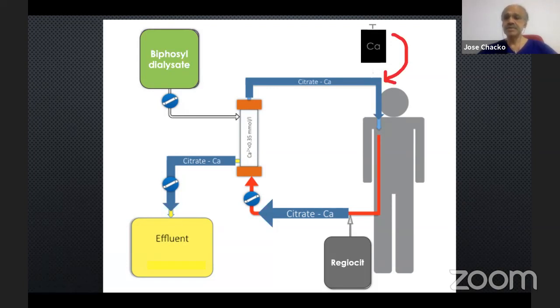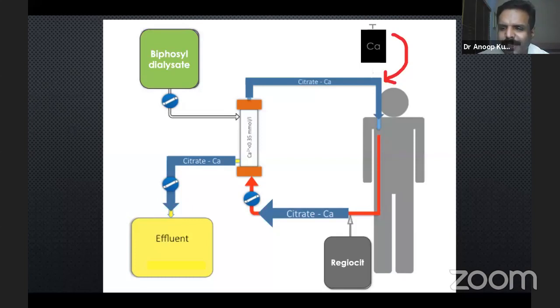That's something you need to be wary of, and perhaps cut down on the dose of the dialysate fluid as well. So that is an area which hasn't really been investigated in detail. The dialysate fluid will obviously have to be modified depending on whether you use citrate or not, because citrate gets converted to bicarbonate.